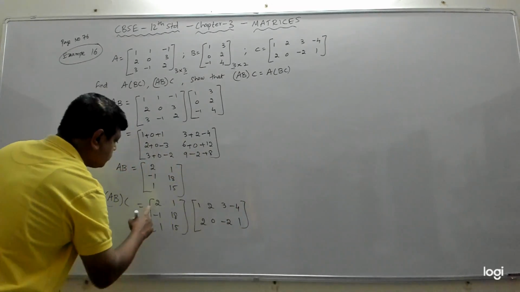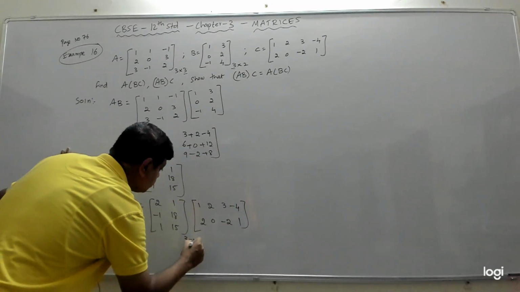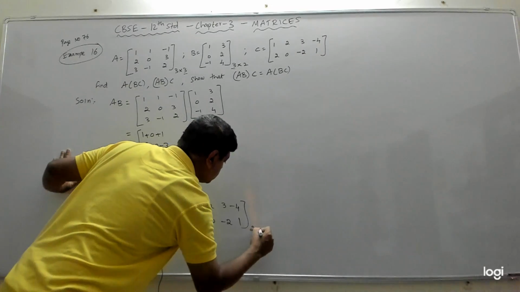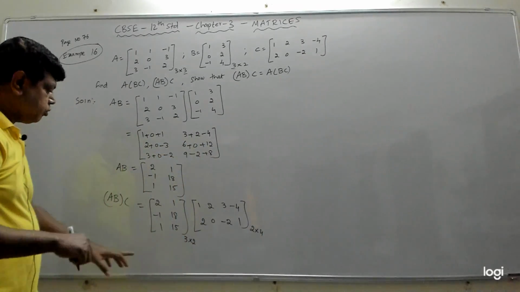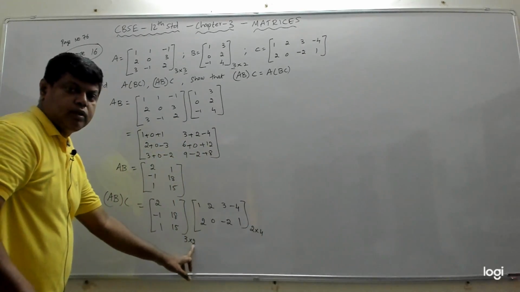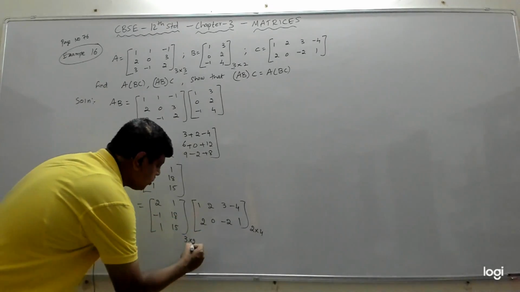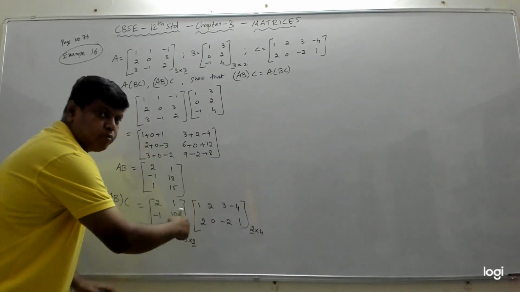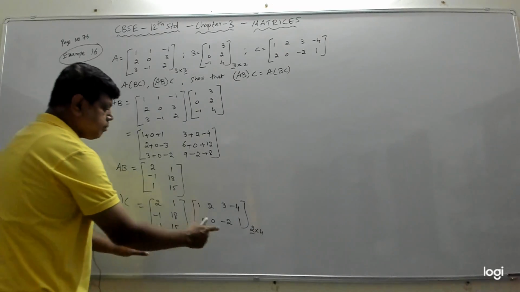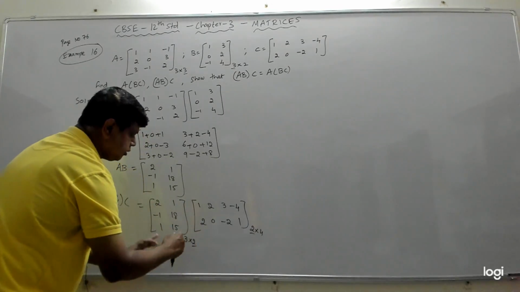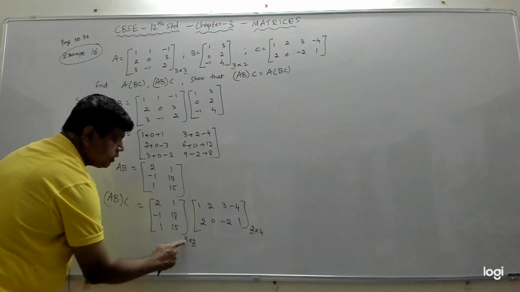What is the order of this? 3 cross 2, and this is 2 cross 4. The number of columns matches the number of rows, so the multiplication is possible, and the resultant matrix order will be 3 cross 4.